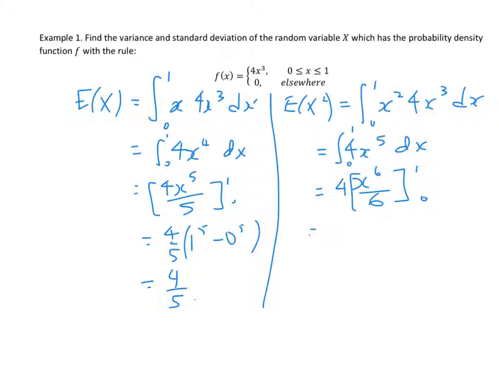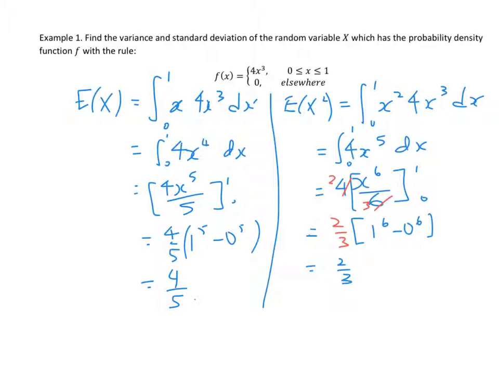We can simplify this a little bit. We can divide by 2, so I get 2/3. I can bring out the 2/3 as a common factor, giving me 1 to the power of 6 minus 0 to the power of 6, which gives me 2/3.